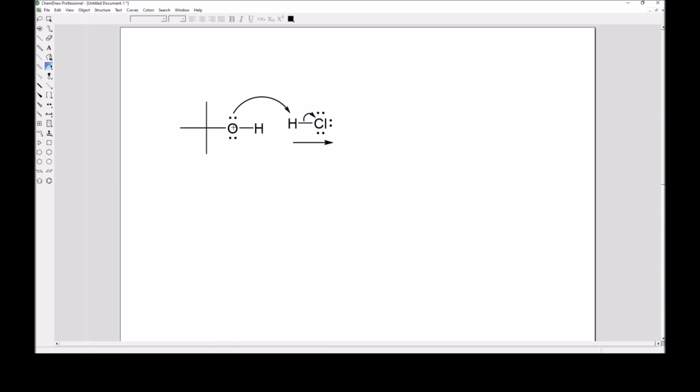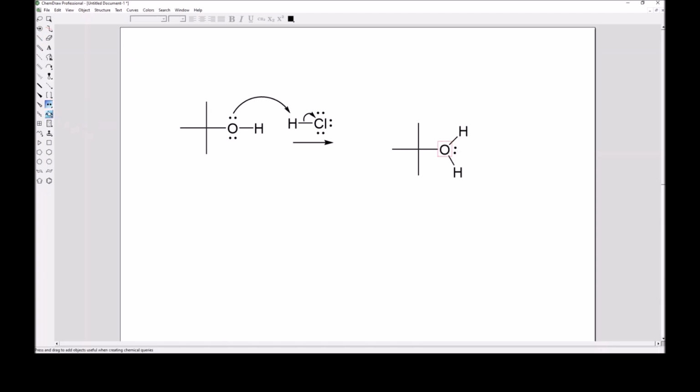And the base reaches out with its lone pair. A Lewis base is an electron pair donor. It picks up the hydrogen off of hydrochloric acid, and we end up with a protonated tert-butyl alcohol. This is called an alkyl oxonium ion. That's what we refer to these as. Generically, a tert-butyl oxonium ion is more specific, and this is a protonated alcohol.